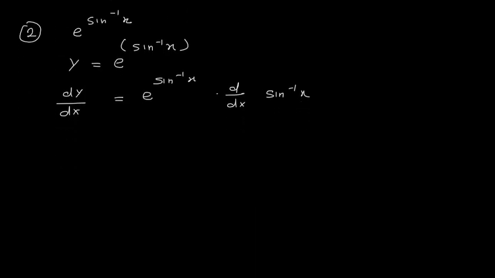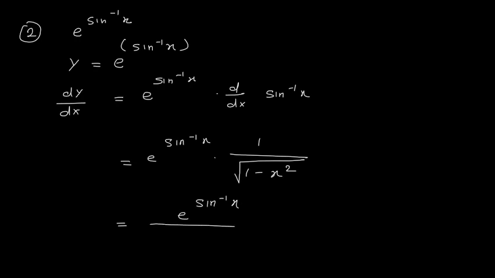So it will be e power sin inverse x into derivative of sin inverse x. I hope you remember the formula, 1 upon square root of 1 minus x square. So finally it is e power sin inverse x whole divided by square root of 1 minus x square. This is dy upon dx.